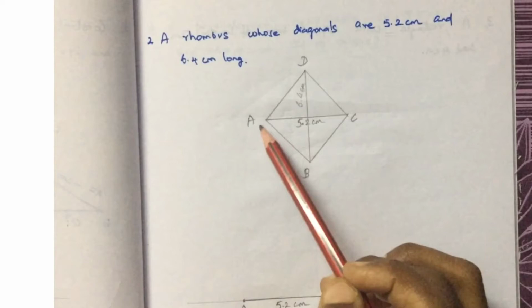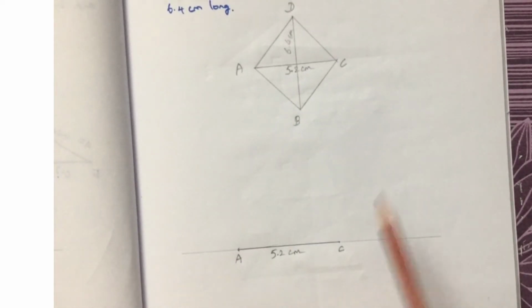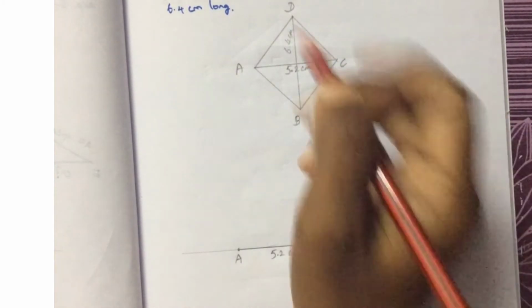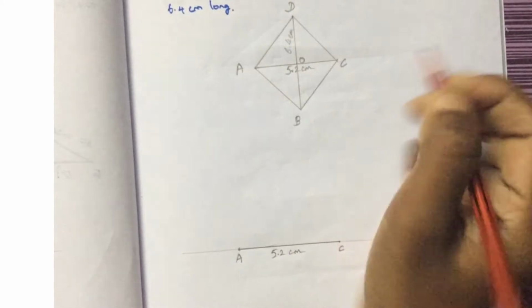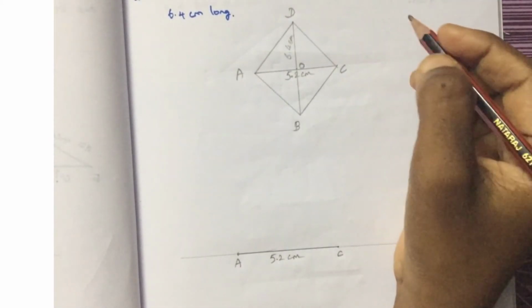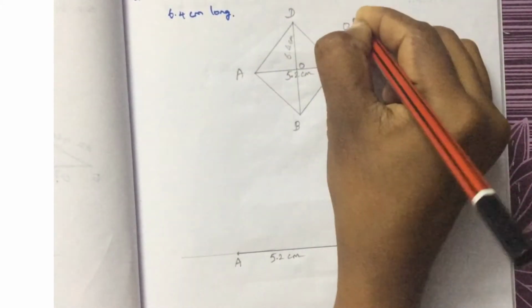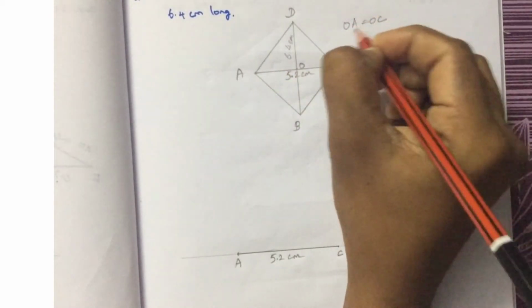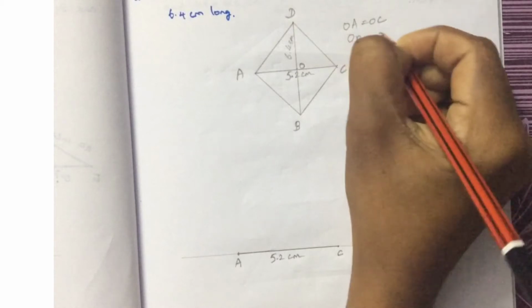So AC, 5.2 centimeter, I have drawn here. Now I have to draw this line BD. The center point I can make as O. What is the property of a rhombus? We know that OA is equal to OC, and similarly OB is equal to OD.